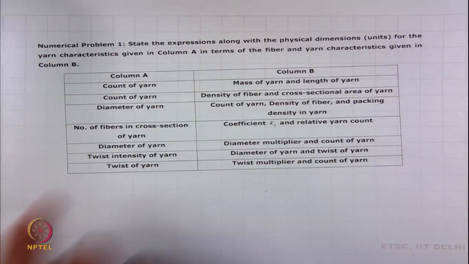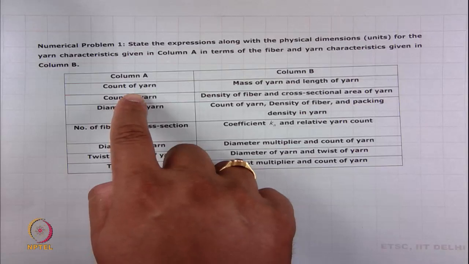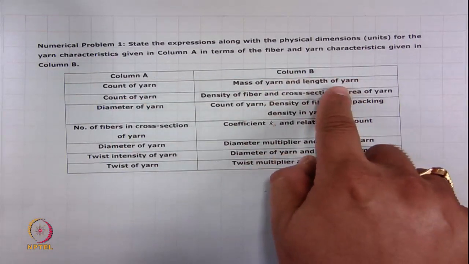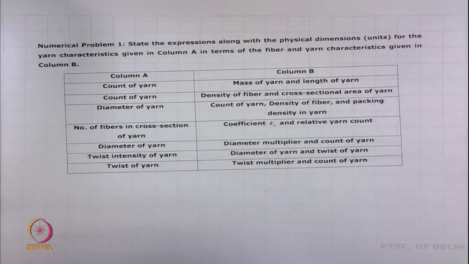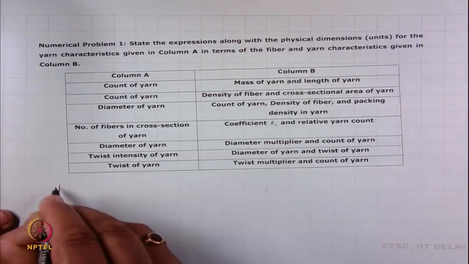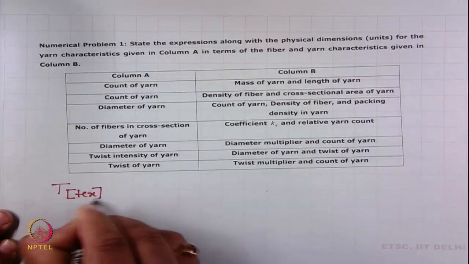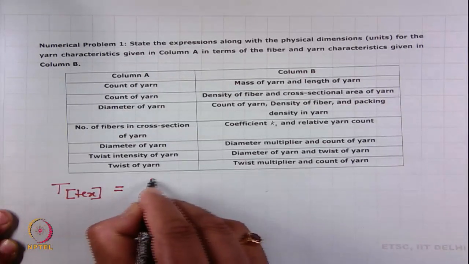For example, count of yarn, you need to express count of yarn in terms of mass of yarn and length of yarn along with unit. Right. So, let us start. Count of yarn, say capital T, tex, is equal to mass per unit length.